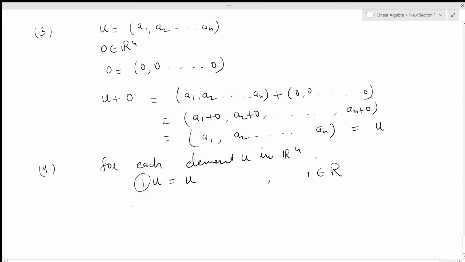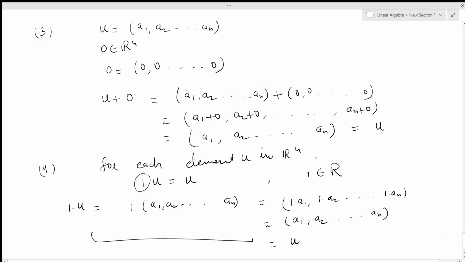So if we multiply 1 with A1, A2 and so on An, this is equal to 1 into A1, 1 into A2 and so on 1 into An. 1 into A1 is A1, A2 and so on An, and this is your U. So we started with 1 into U and we get U. That means this property is also satisfied.